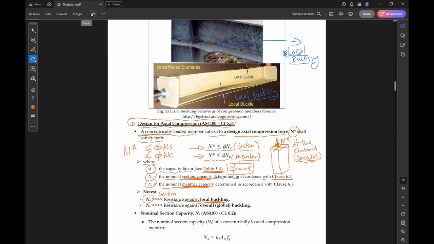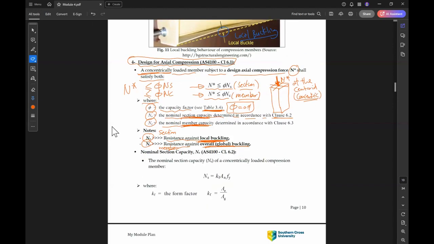NC is resistance against overall or global buckling. So the member capacity is related to global buckling, the section capacity is related to the local buckling. Let's start with the section capacity NS because it is easier.